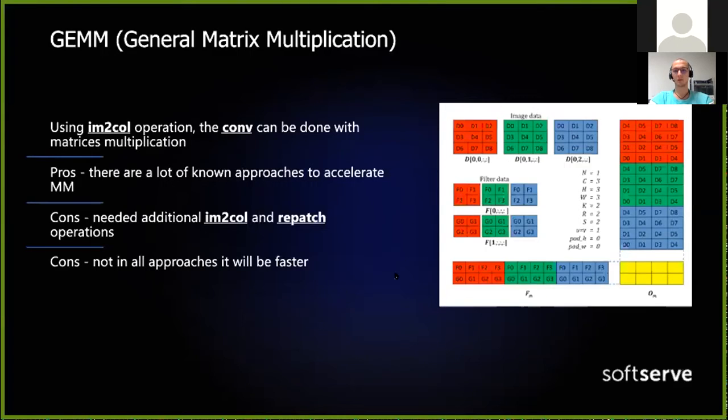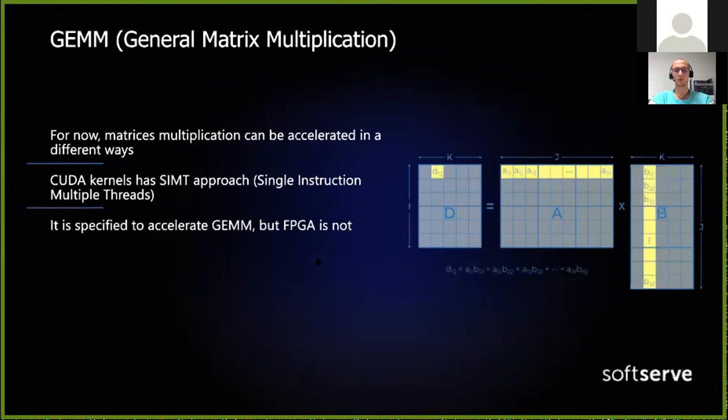For example, for FPGA, if we use simple matrix multiplication on FPGA, it will be much slower than the same approach on the GPU, because the GPU is the best for operations on matrices and for matrix multiplications.